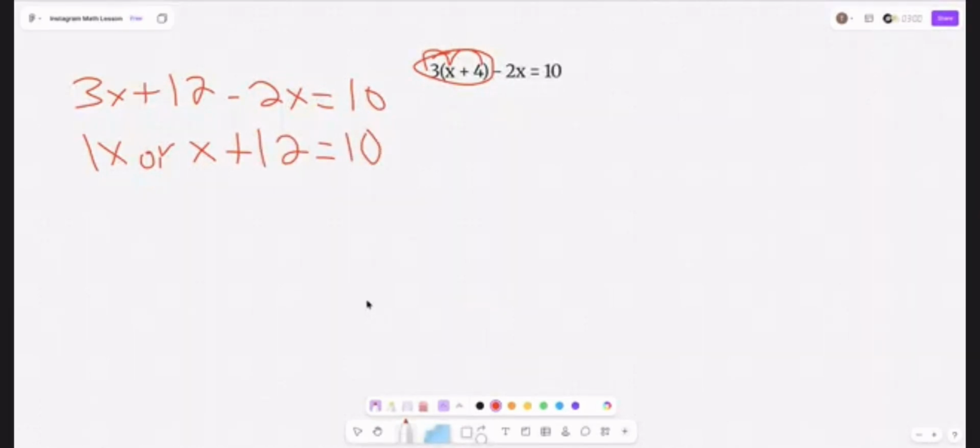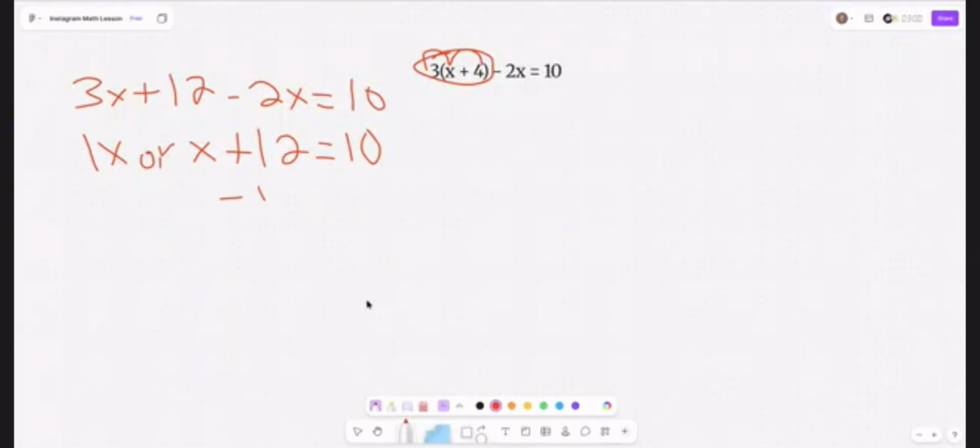So from here, we're still trying to get x to be by itself. When you think about what's the only thing that's preventing x from being by itself, you have the 12. To cancel out the 12 and have x be by itself, you need to do the opposite operation. The operation that we have here is addition, so we need to do subtraction.